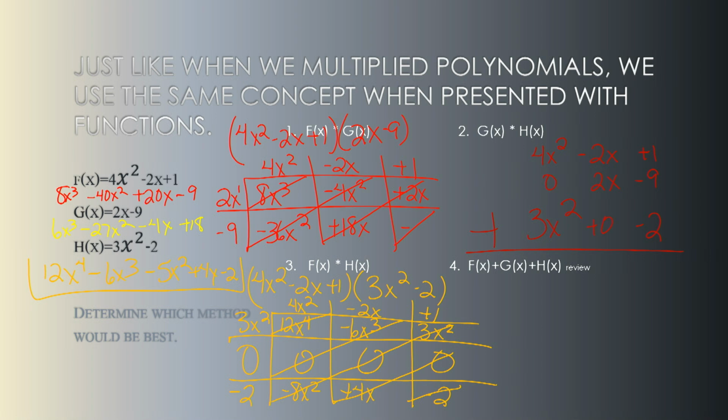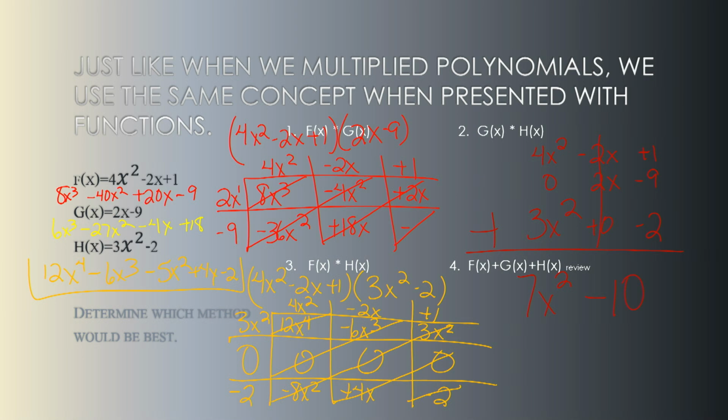So now let's try to put these together. 4 plus 3 is 7x squared. Negative 2 plus 2 plus 0 is 0. So I'm just going to leave that off. 1 plus a negative 9 plus a negative 2 gives me negative 10.